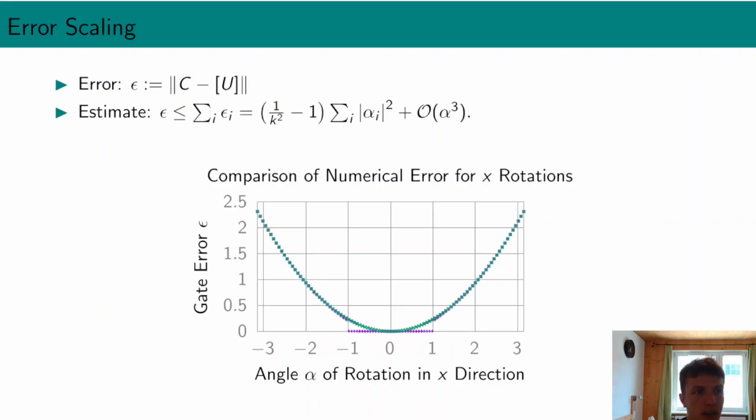And if we choose the angles accordingly, then we get an estimate of the error that is the sum of errors adding up on each site, and those errors at each site are given by a prefactor and the rotation angle squared. We also have higher order terms that we neglect. You can see in this plot that this also works numerically for having only x rotations.